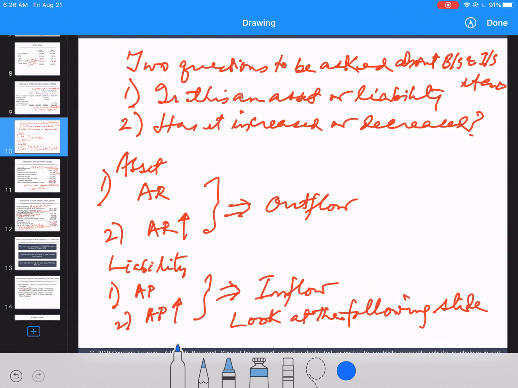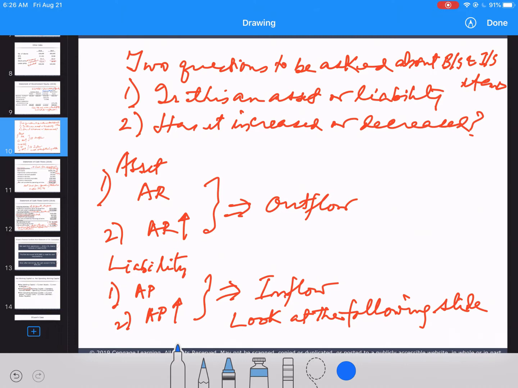So let me take two items from the balance sheet. One is accounts receivable. When you ask the question, is this an asset? Then you say, yes, it is an asset. And then you say, has it increased or decreased? In this case, it has increased. So you say outflow.